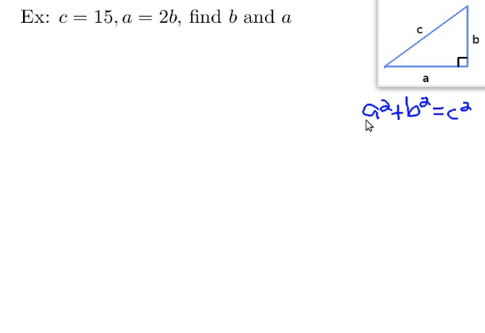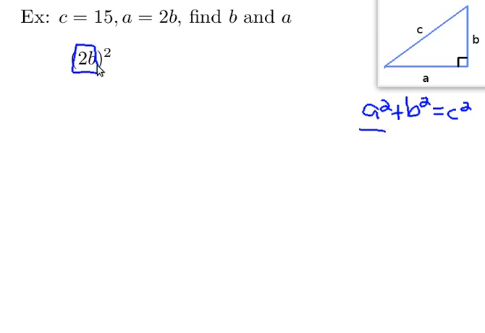So let's say we have a squared. Well, we don't know what a is except that it is twice as much as b. So let's just rewrite it as 2b. Instead of a squared, we have 2 times b, squared. This a is 2 times b.